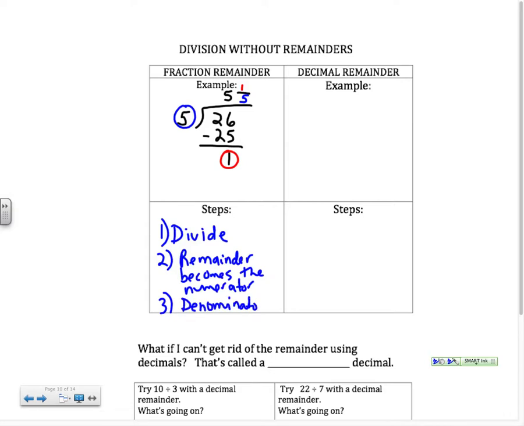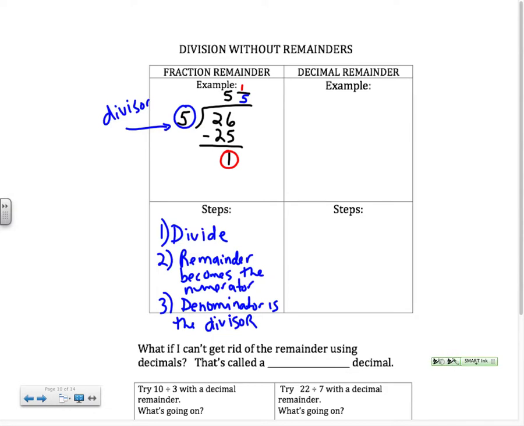We have to remember our vocabulary. That's called the divisor. So our denominator is the divisor. And that's it. Sometimes we may need to simplify. In this case, we don't. All right, fraction remainder. Let's look at decimal remainder.